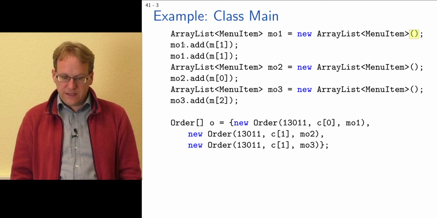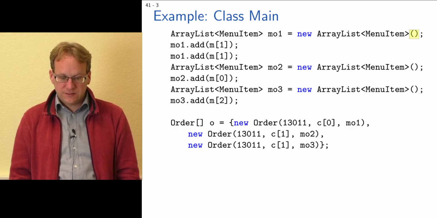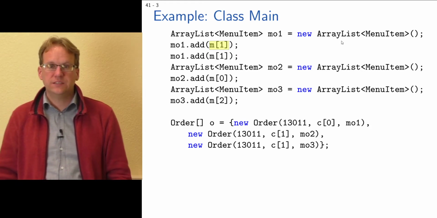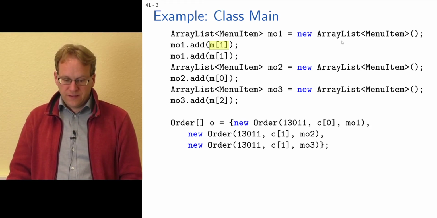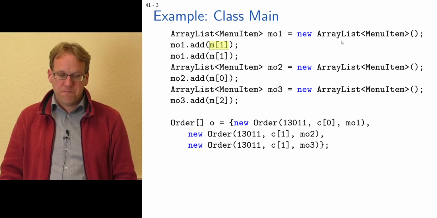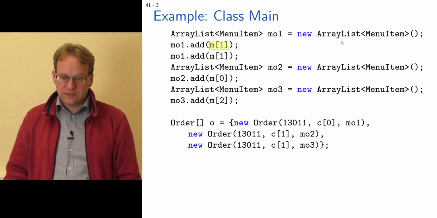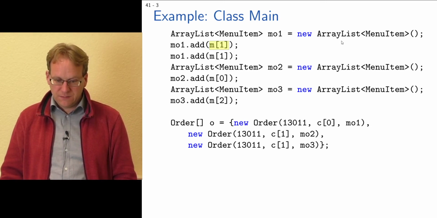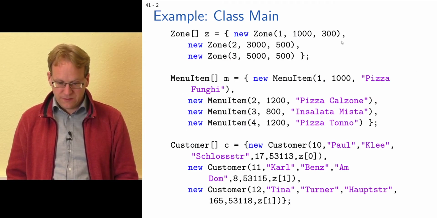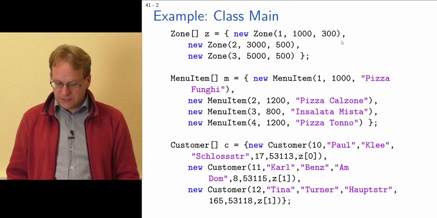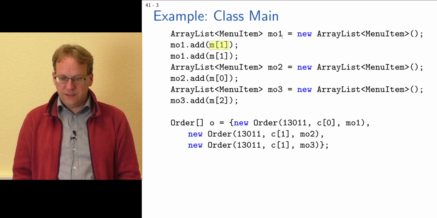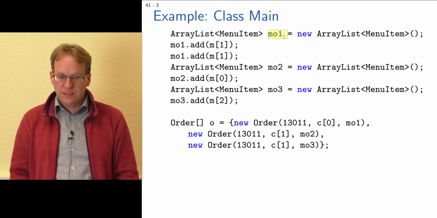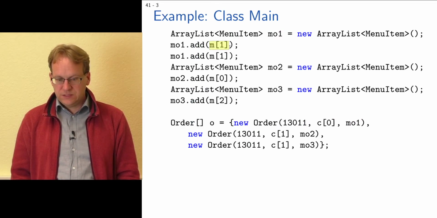But I can then add to my array list 2 of these menu items I have created before. Well, that's my standard array M, and I'm using the second element from that array that was actually pizza calzone. So here I'm adding to this array list MO1 pizza calzone twice, first time and second time.